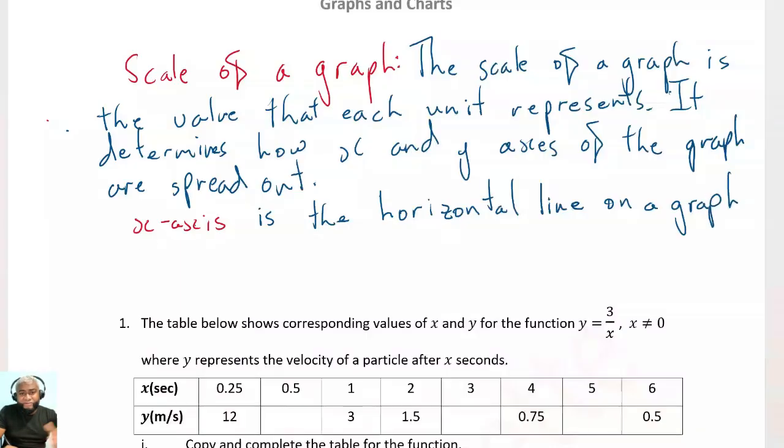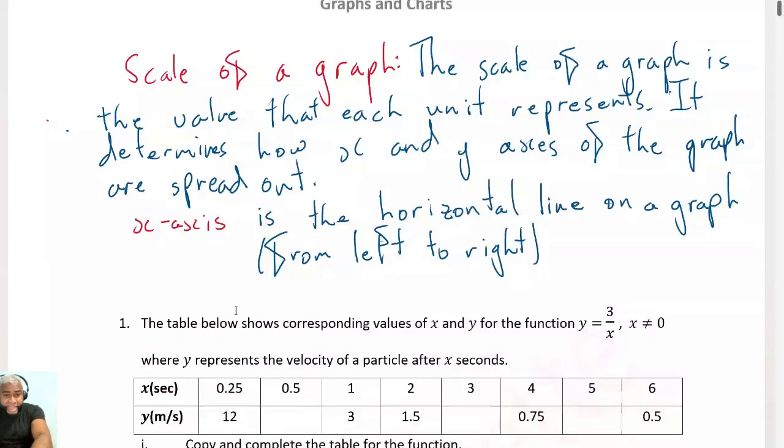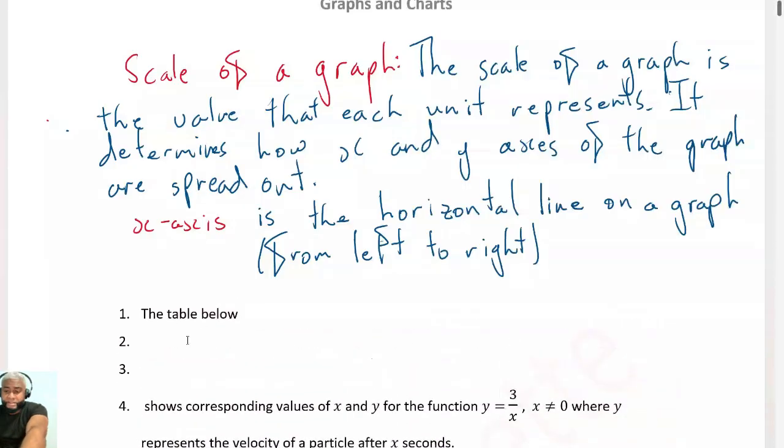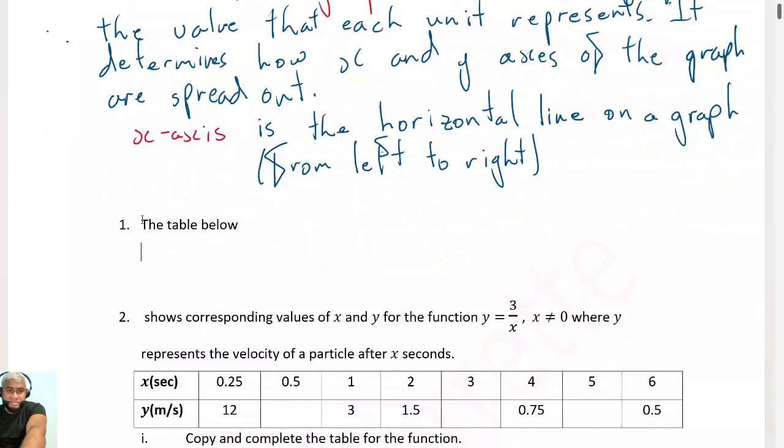So it basically runs from left to right, okay? From left to right, okay? That is what your horizontal axis is, right? It's your x-axis.